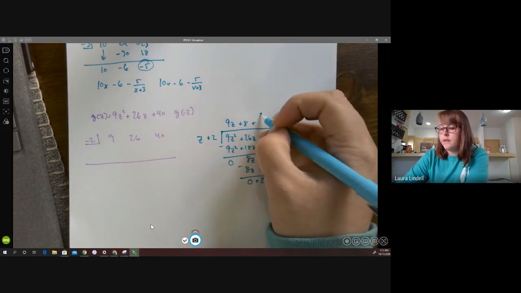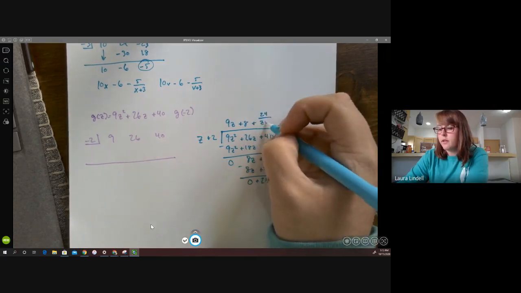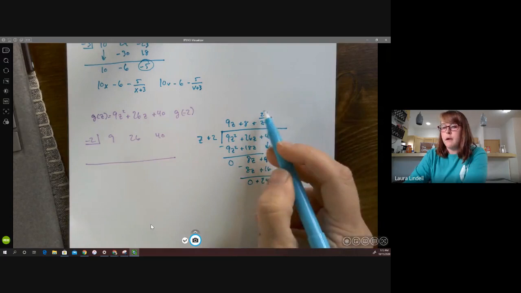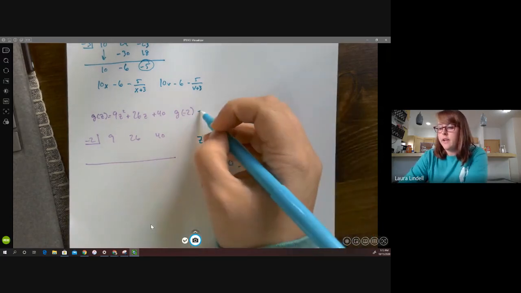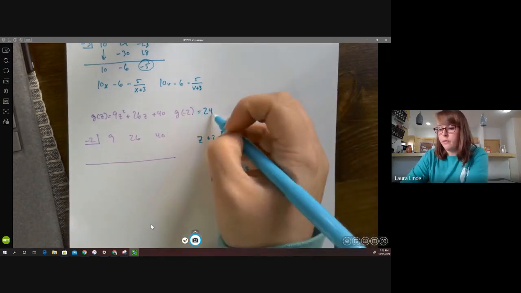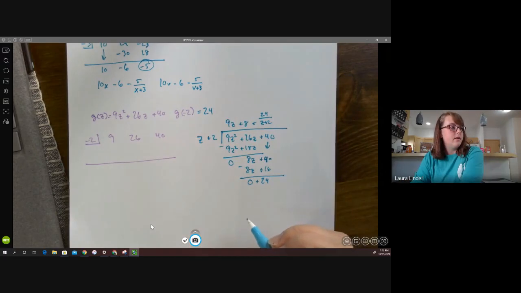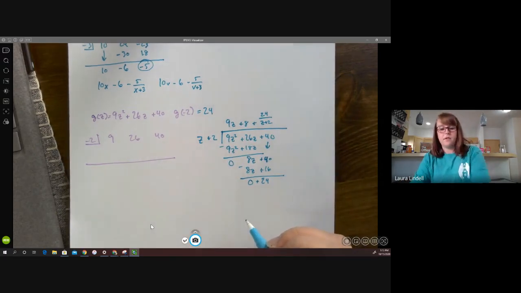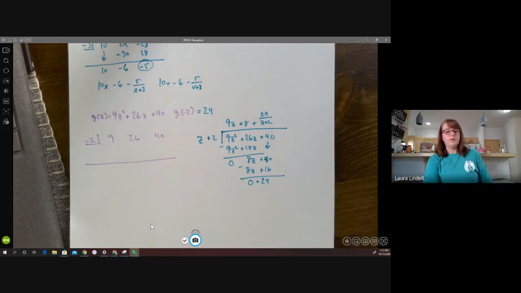So I would rewrite it as 24 over z plus 2. And since that's my remainder, g of -2 would be equal to 24. So if we want to do that by long division, we can do it that way.